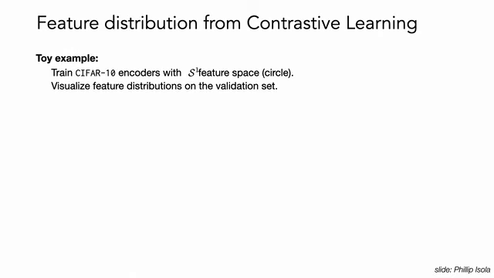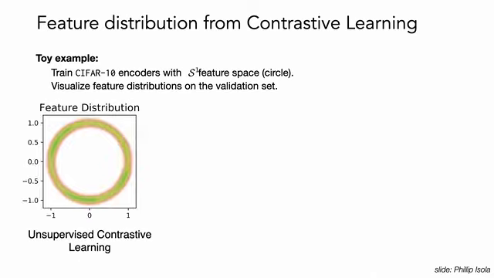So you can actually see this, which is really interesting. If you take CIFAR-10 and you build these encoders that encode them into the sort of S1 feature space, where the hypersphere in two dimensions is just a circle, and you visualize feature distributions on the validation set, you can see that if you use unsupervised contrastive learning, you get this distribution that is properly uniform around that circle in that embedding space.